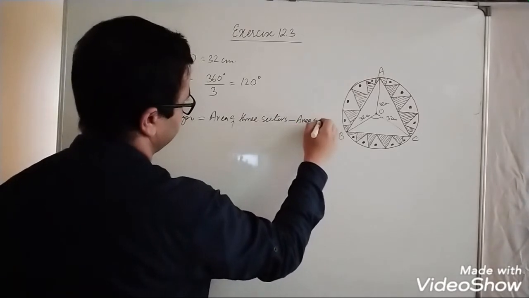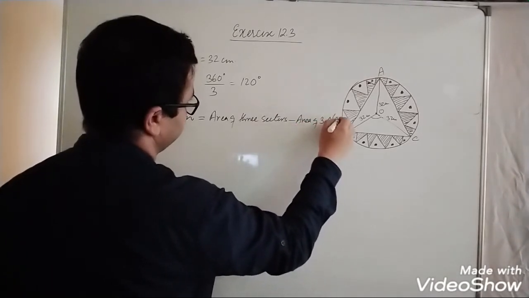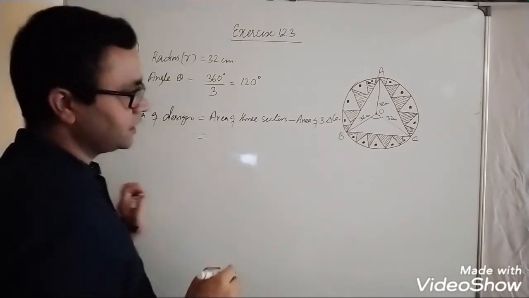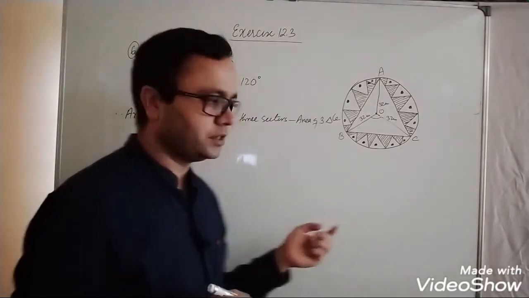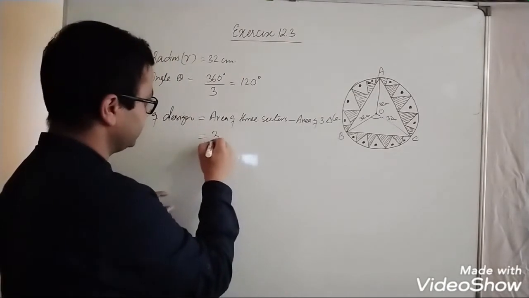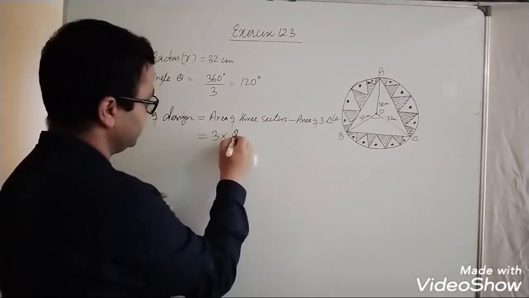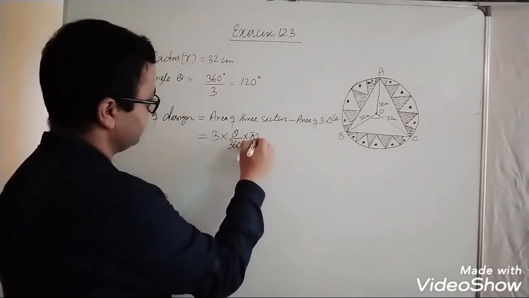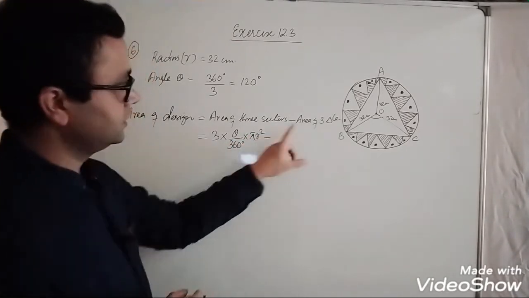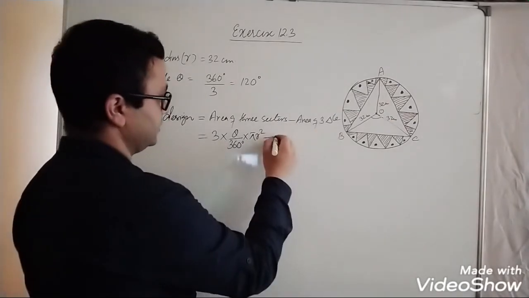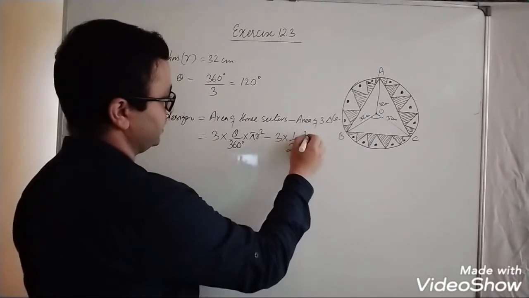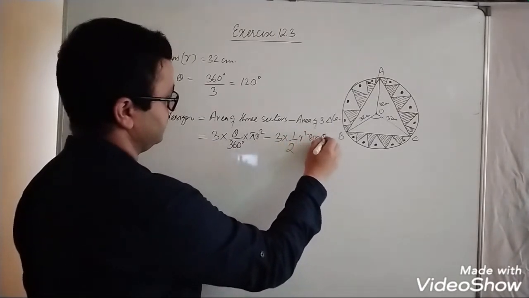Area of 3 sectors means 3 into area of sector, so this equals 3 into theta by 360 degree into pi r square, minus area of 3 triangles, which means 3 into half r square sine theta.